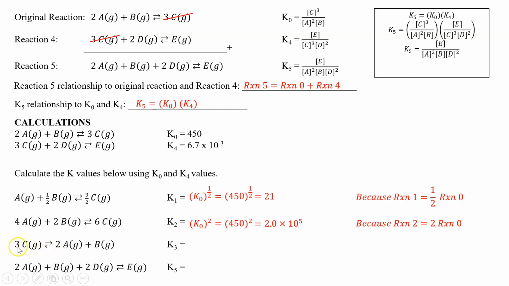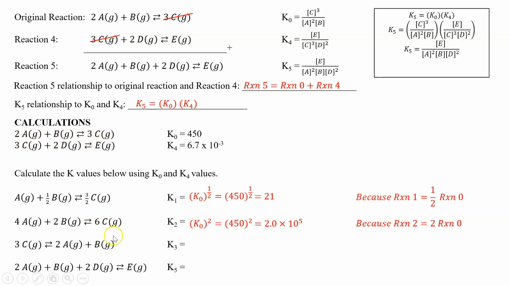Then I get to the next one, K3. If I want to find K3, we've got to figure out what was happening to the reaction. Well, I have 3C, which I can find in the first reaction as a product. 2A plus B, those are the reactants in the first reaction. It's the first reaction, but flipped around.